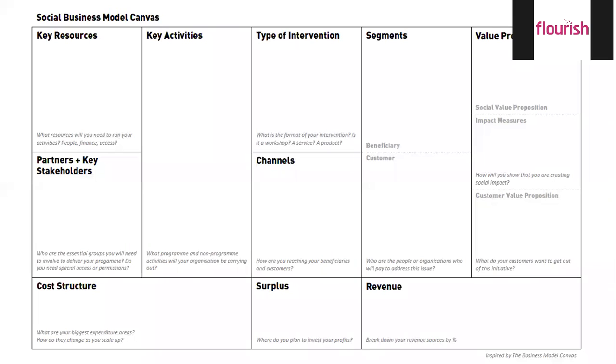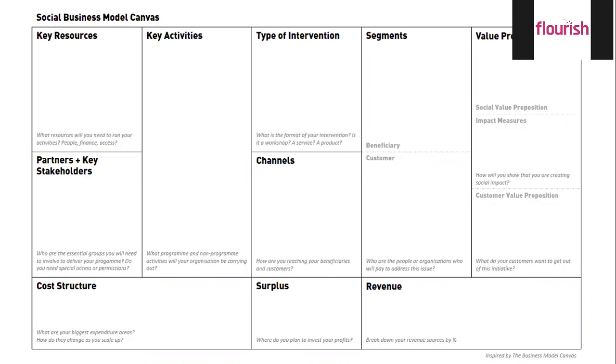If you've already pre-planned what the channels are, it might be that you're reaching people through newsletters or targeted emails. It might be that you've got a communication strategy to do with aspects of marketing, but also aspects of using social media.